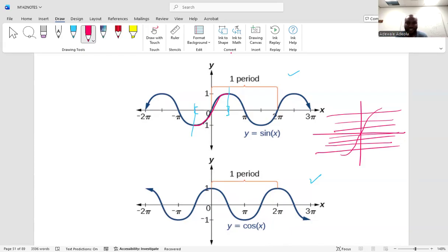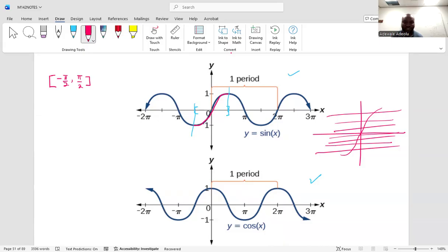So it is one-to-one. We restrict the domain of the sine function to negative pi over 2 to pi over 2. And remember what we have been doing: we want to study the inverse of the trig function on this domain.